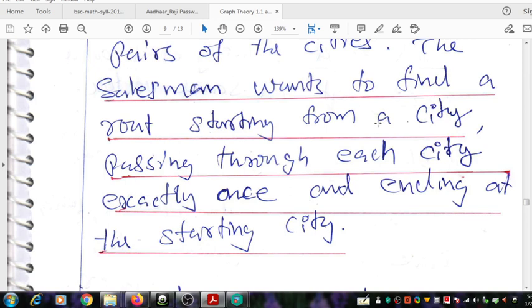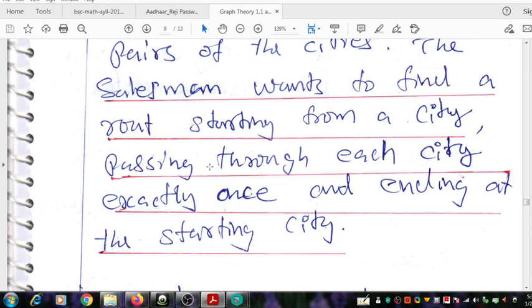From that city he could choose a highway to reach the next city, and from there he could reach another city, and he can continue likewise up to covering all the cities in his territory. Finally he must be able to come back to the starting city. That is the most important.